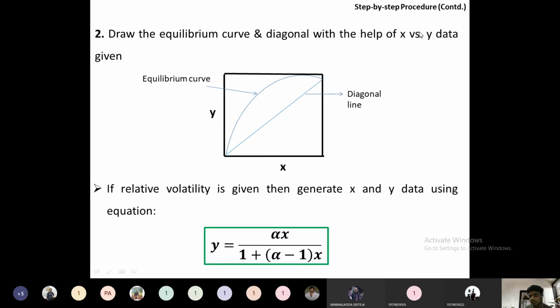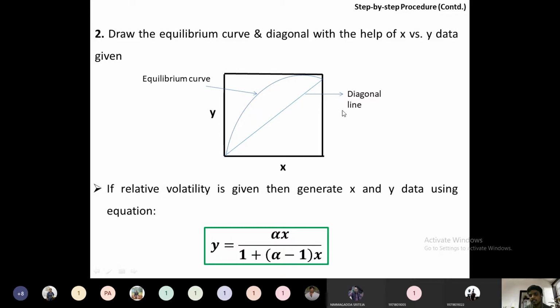Then whatever the x-y data is there, the graph between x versus y will give a curve like this. If x-y data is not given, then you have to generate your own data. I already told you how to generate that data. For x you have to assume values 0.1, 0.2, 0.4, 0.6, 0.8 or 1.0, from 0 to 1, and if relative volatility is provided, only then can we calculate the y values using this formula.